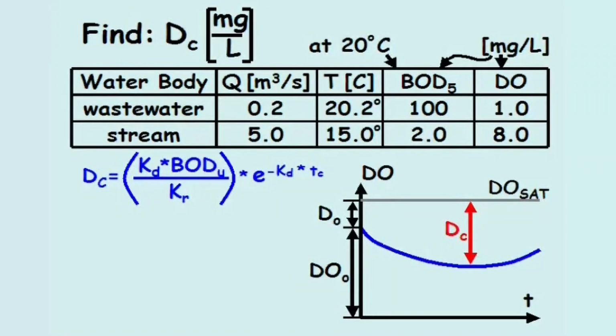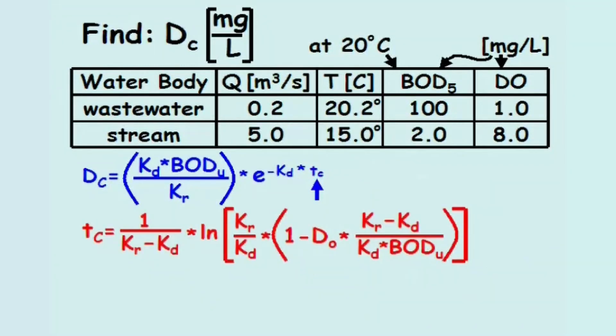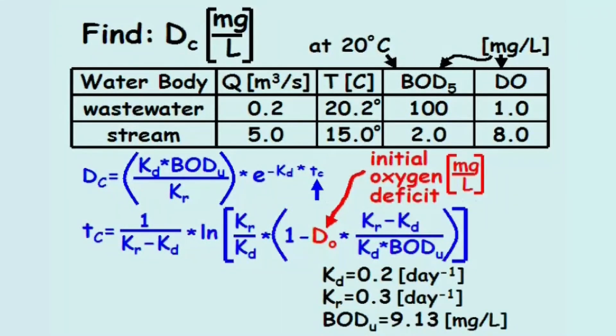D sub C is the critical deficit when the dissolved oxygen is at its minimum value, which we're trying to solve for and which occurs at the critical time, T sub C. The critical time in days is a function of the oxygenation rate constants, the initial oxygen deficit, and the ultimate biochemical oxygen demand. The only unknown variable is the initial oxygen deficit, D sub O, in milligrams per liter.